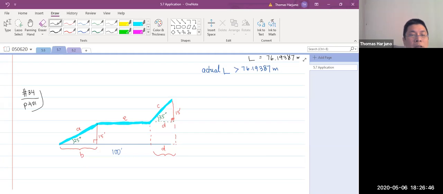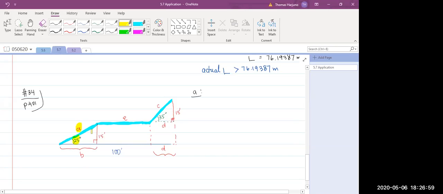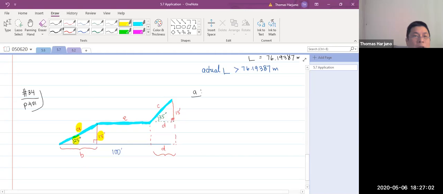Now let's start with A first. Can you find A for me? What relates A? How do we find A there? Sine of 25 degrees is 15 over A. That's right, okay.